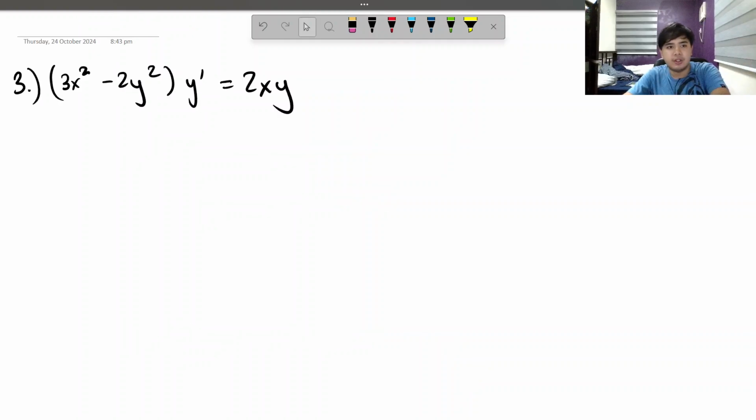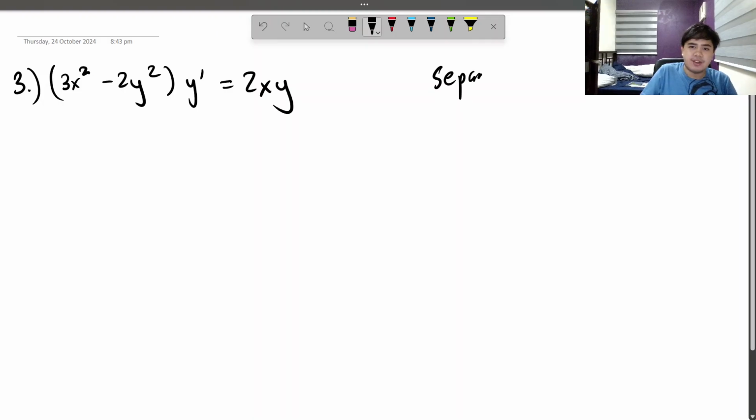Question number 3. 3x squared minus 2y squared quantity y prime equals 2xy. Now, this is probably not exact because 3x squared, 2y squared, it's very hard to remove from each other. So maybe this is homogeneous, since that's the next part of the ladder or the branch.